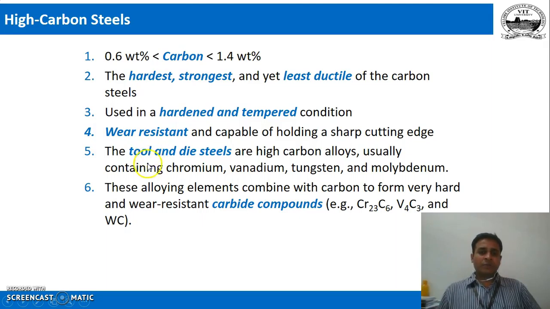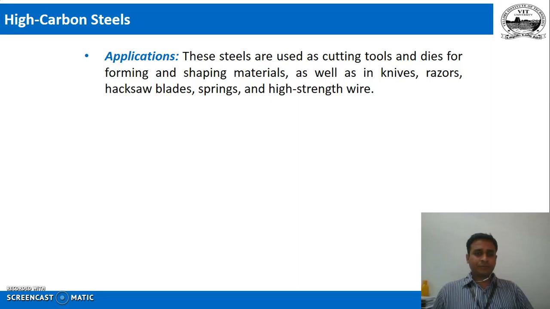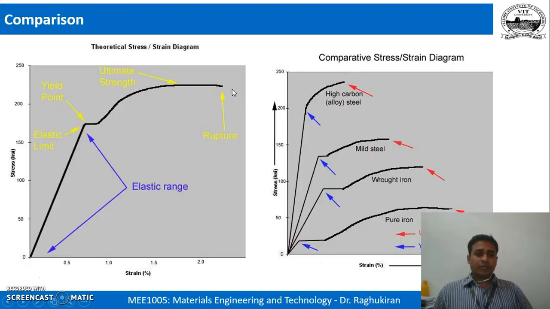That is why the tool and die steels are high carbon alloys, where the material is supposed to withstand severe operating conditions, like your dies where you may have a lot of fatigue stresses and high temperature loads. Well, the applications, as I mentioned, are cutting tools, dies, as well as knives, razors, blades, springs and high strength wire and so on, right.